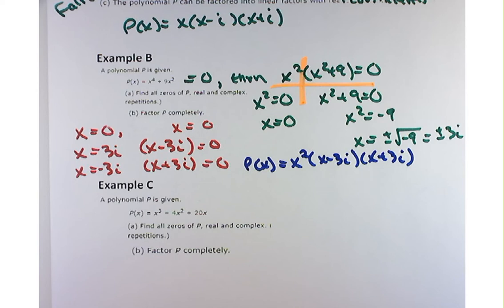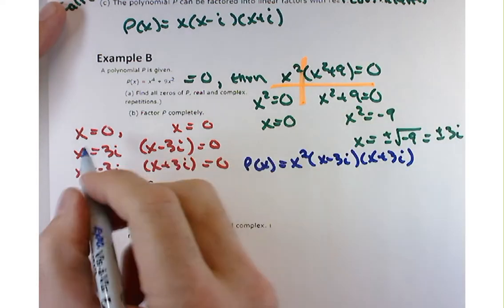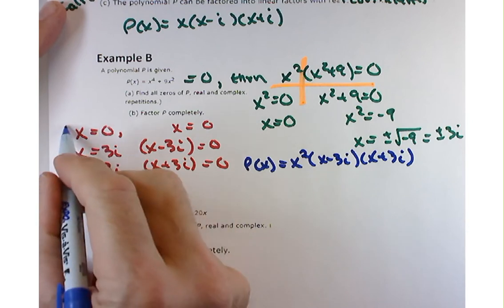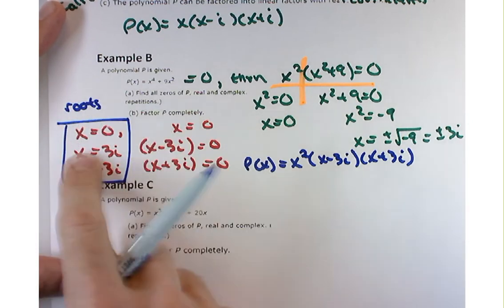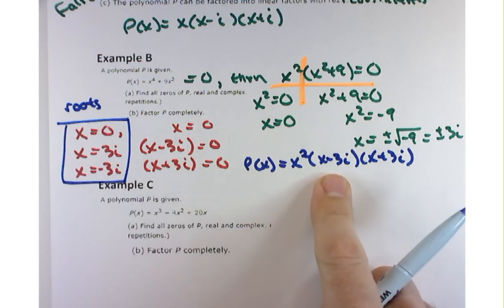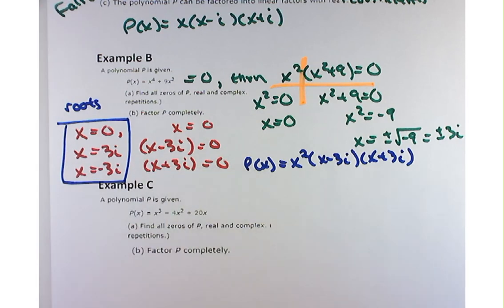So the roots, those are right here. Roots, factors, and then the factored form of your polynomial. Nice. Sailing through example B, I hope. Thumbs up? Yes? All right, good deal.